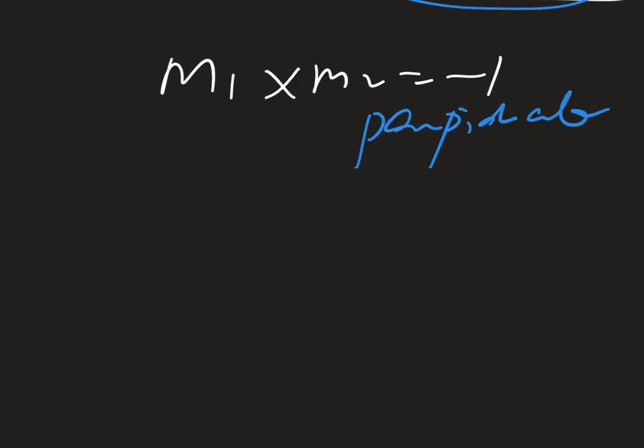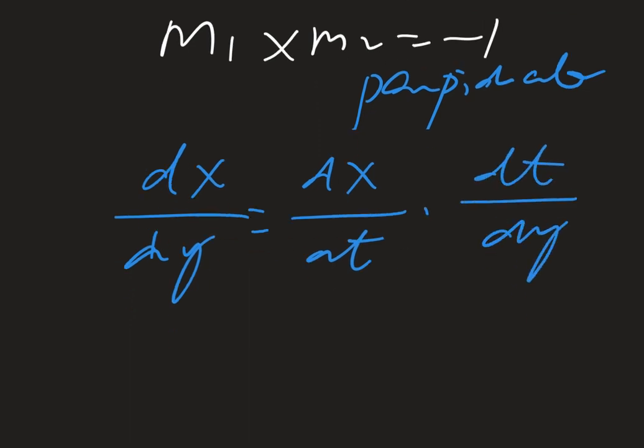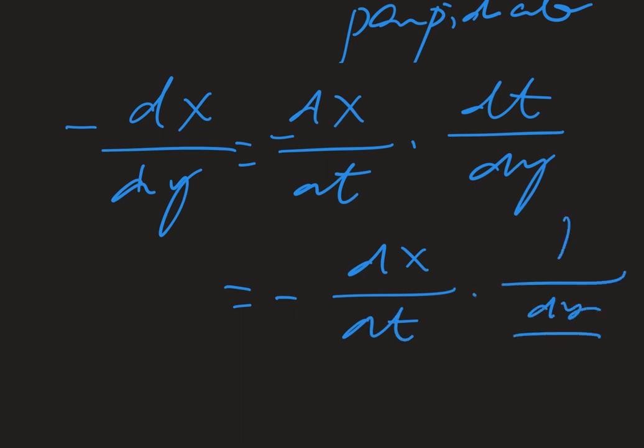So how do we do that? dx/dy by chain rule is also equal to dx/dt times dt/dy, with a minus sign here. So it is also equal to minus dx/dt times 1 over dy/dt. Correct?